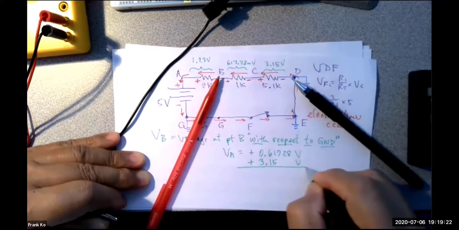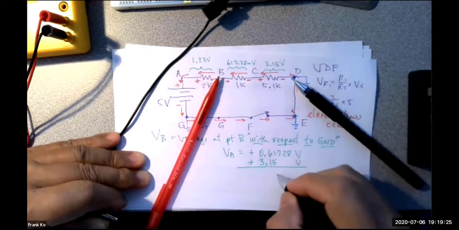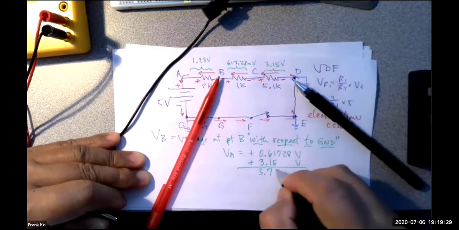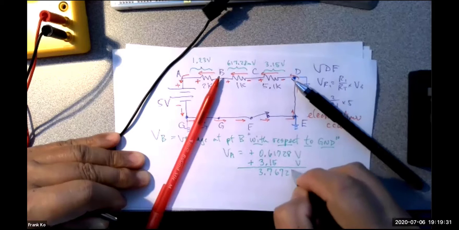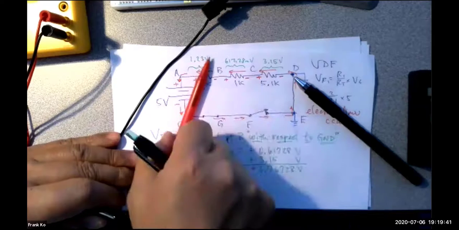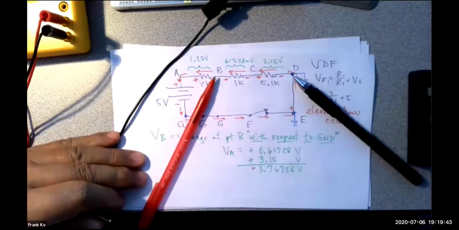So when you add these two together, what are we going to have? 3.76728 volts. Is that correct? And isn't that going to be positive? Yeah.